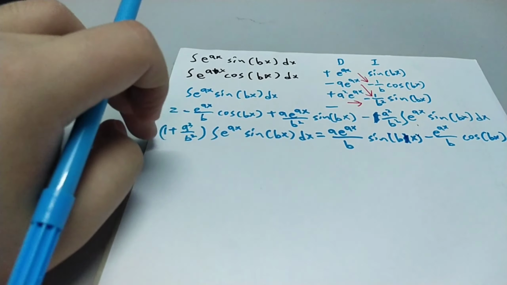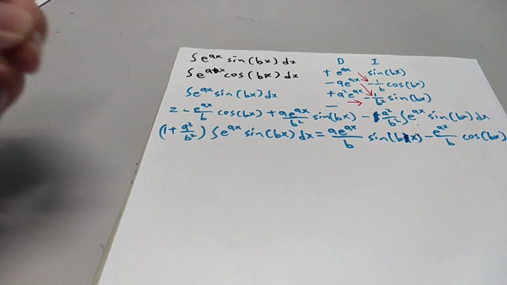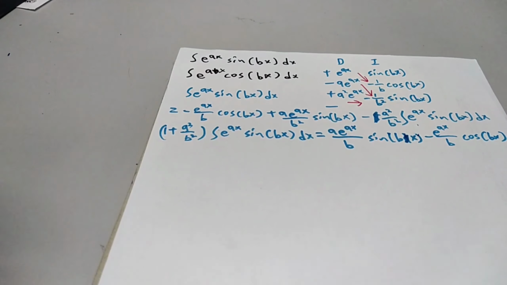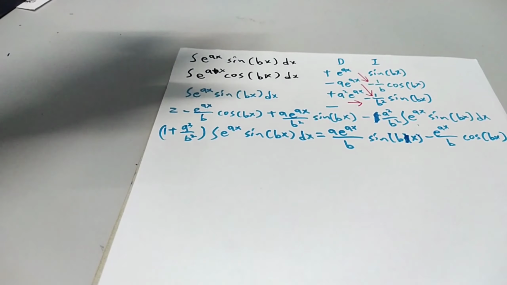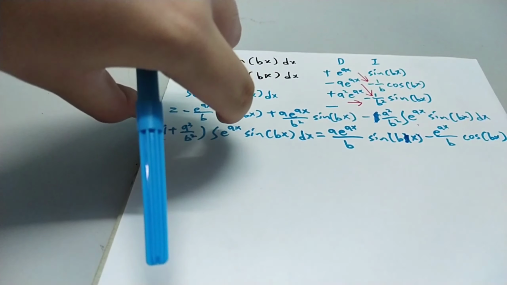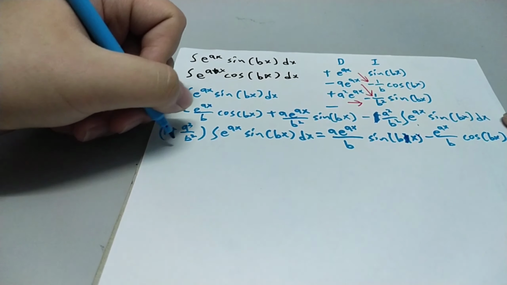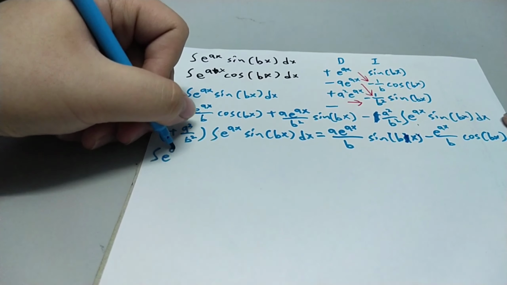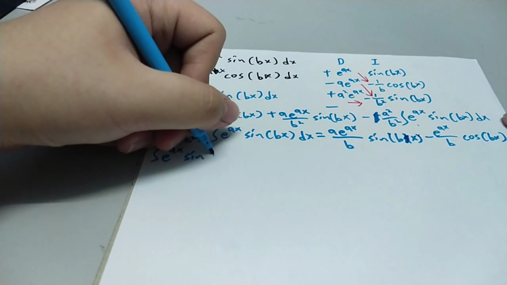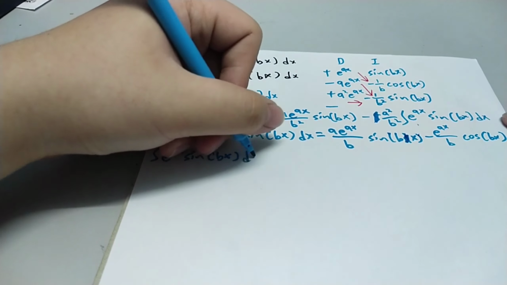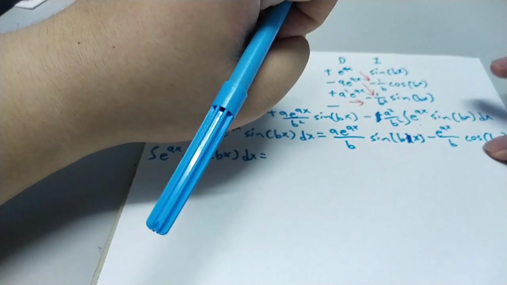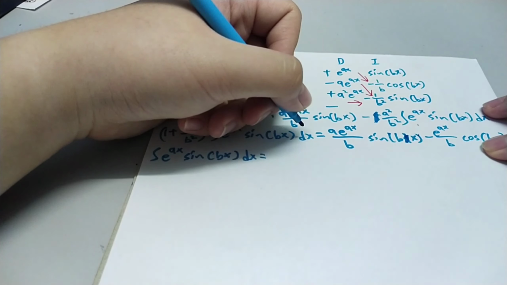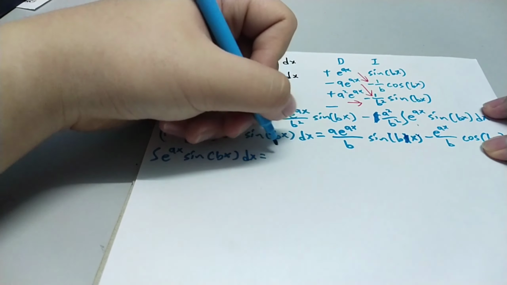And then we can group it as a simple fraction. Then I will have a squared plus b squared over b squared. And since it's a constant, all I need is to find this integral, so I can take this one to the other side. So the integral of e to the ax times sine of bx dx is equal to, and at the same time I can factorize the e power of ax out.